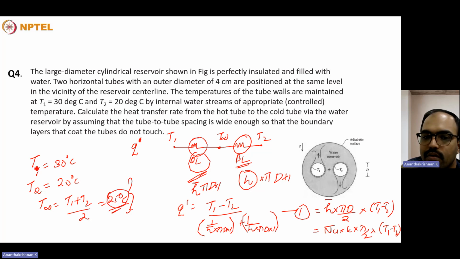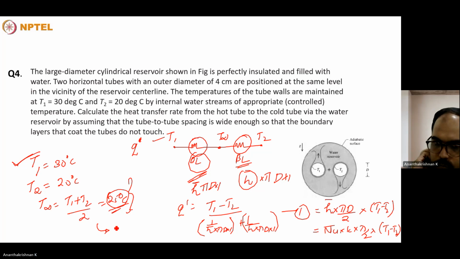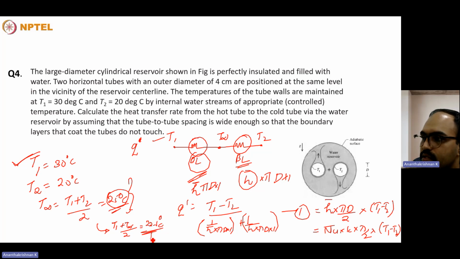Since this is a series-based approach, we can consider the water will be at an average temperature between the two reservoirs, since the resistances are the same. So water will be at 25 degrees Celsius. Therefore, the properties need to be calculated at the equivalent of the film temperature, that is (T1 plus T infinity) by 2, that is 22.5 degrees Celsius. So the properties need to be evaluated at this temperature.